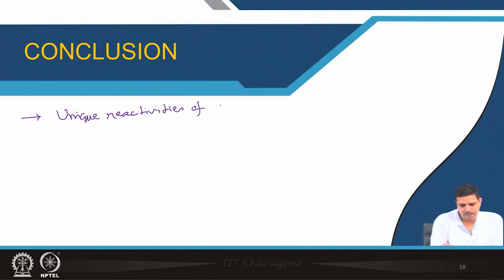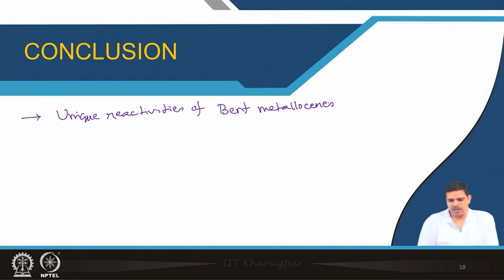So in these classes we discussed the unique reactivities of bent metallocenes, and now it is very clear how different they are in reactivities from the parallel metallocene compounds, for example ferrocene, nickelocene, chromocene, like that.